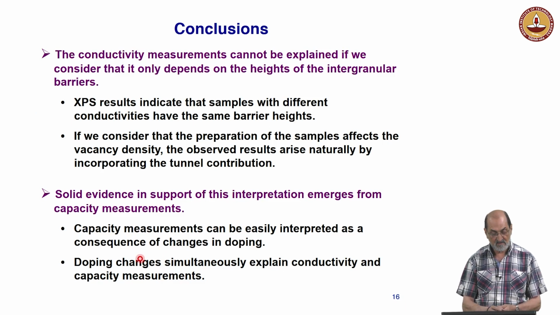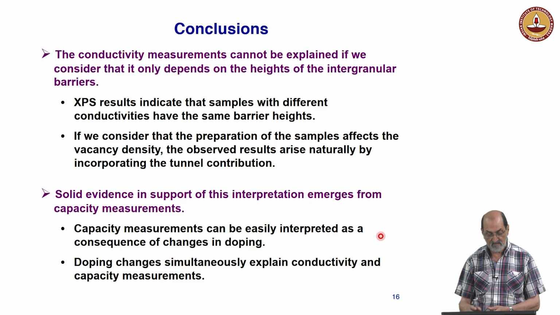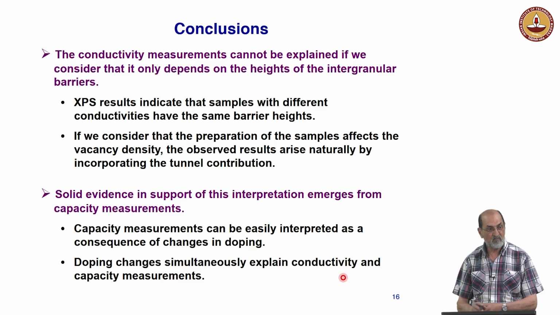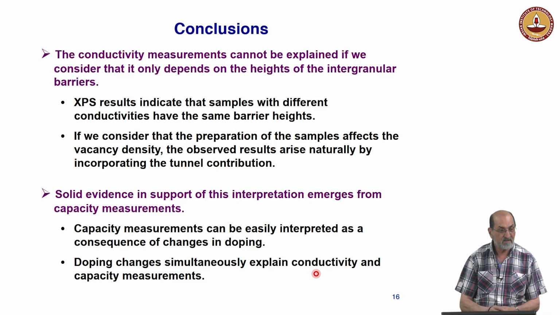These changes in capacitance can be easily understood as a consequence of changes in doping. And if there is a change in doping, there is a change in the tunneling contribution. So doping changes simultaneously explain both phenomena we are observing. They explain why the conductivity changes and why the capacitance of the sample changes.